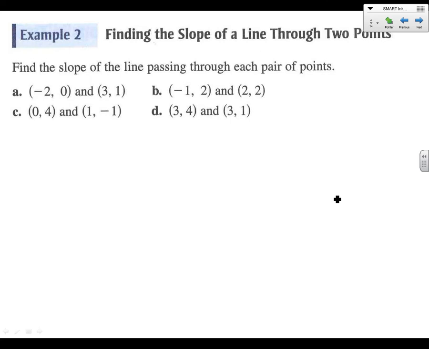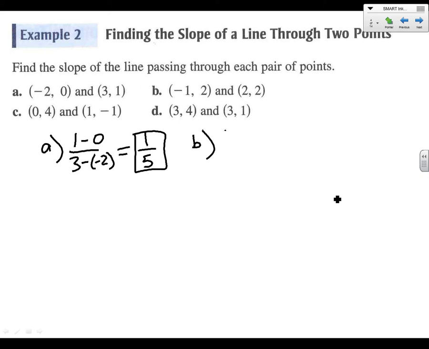Let's start with A: negative 2, comma 0, and 3, comma 1. We do y's on top, so 1 minus 0 over 3 minus negative 2. You get 1/5 as our slope. For B, let's subtract our y's: 2 minus 2 over 2 minus negative 1.